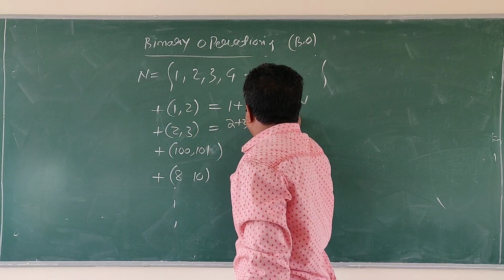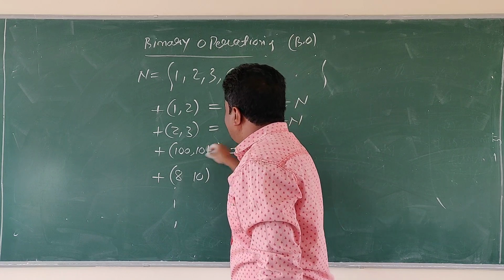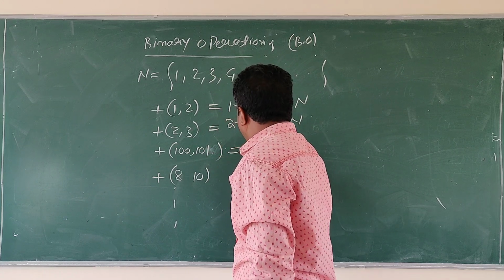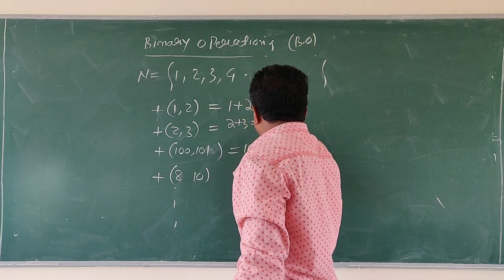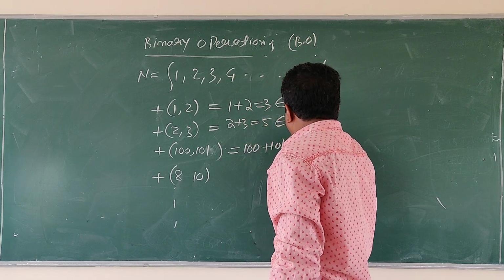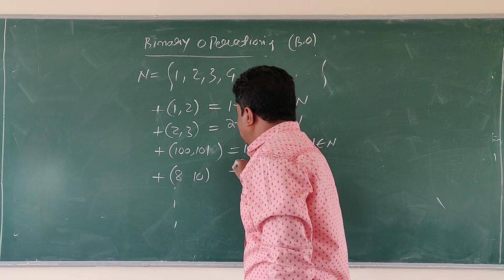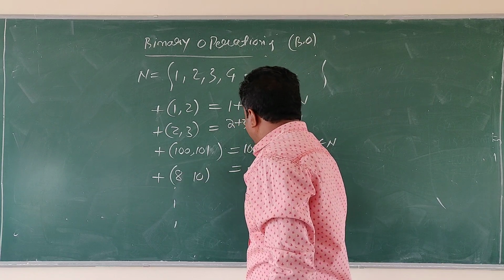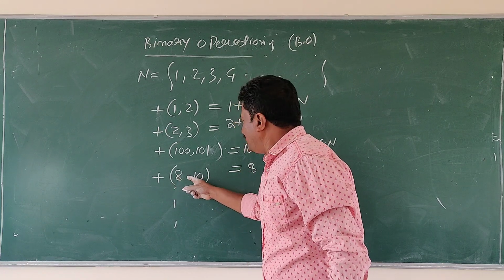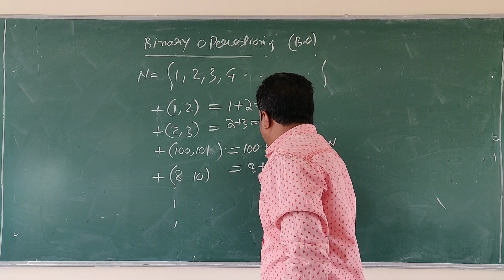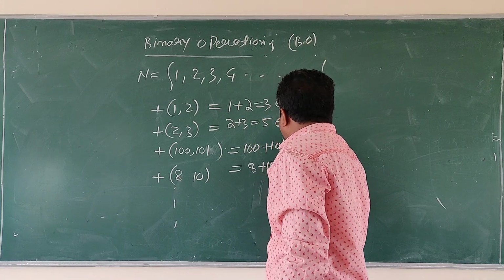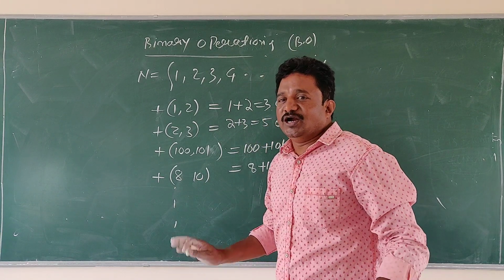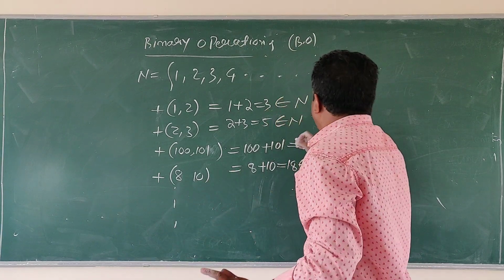Surely it is 5, belongs to N. Next, plus of 100, 101 is 100 plus 101. So how much is it? 201, belongs to N. Plus of 8, 10 means 8 plus 10, 18, belongs to N.